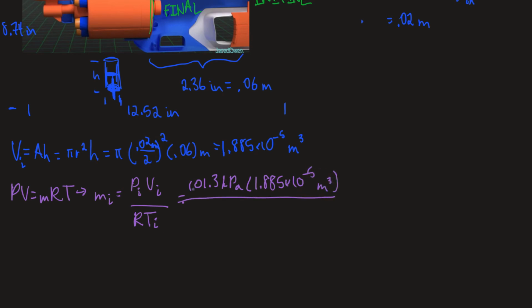And we're going to divide by the gas specific constant of air, times the room temperature of 295.15 Kelvin.